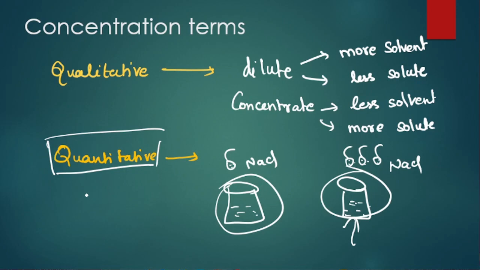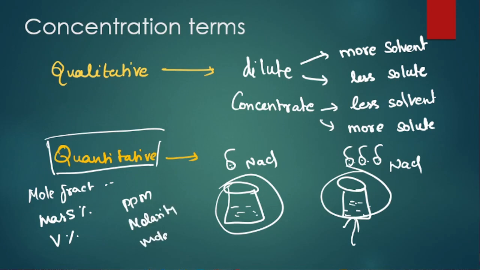In quantitative expression you are going to learn about mole fraction, mass percent, volume percent, ppm, and molality. Molarity and molality are very, very important. Based on those, sums will be there. Based on mole fraction also, sums will be present. Mass percent, volume percent, mass by volume percent. So these are the things we are going to study under quantitative description. Clear?